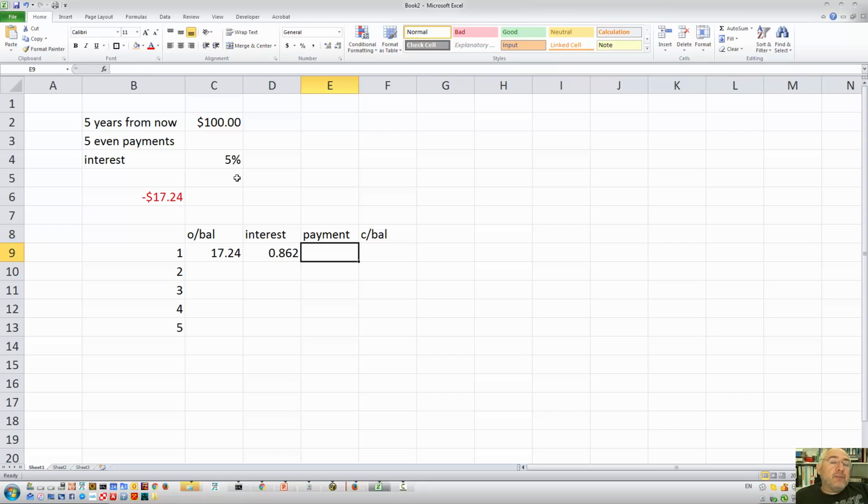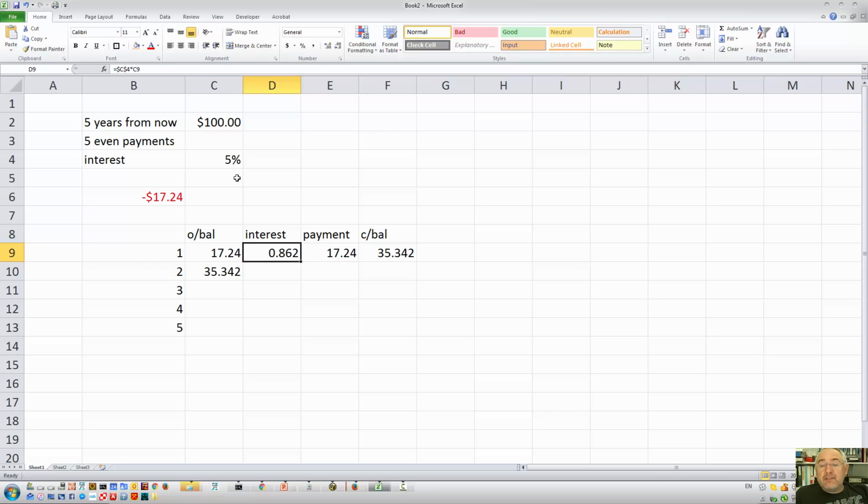And at the end of the year, I am making the second payment. So that's, again, $17.24. So what have I got at the end of the first year? I've got the first payment I made, plus the interest, plus the payment I just made at the end of the year, $35.34. And the closing balance at the end of the first year is the opening balance at the beginning of the 2nd year.